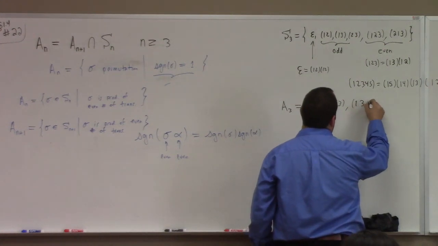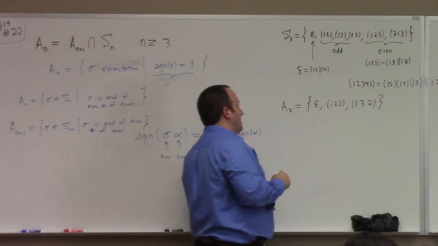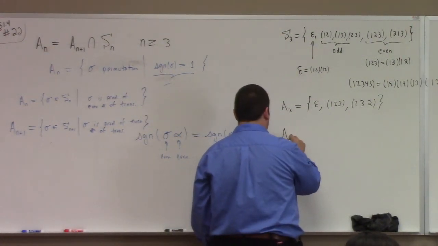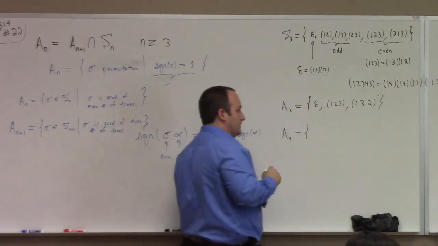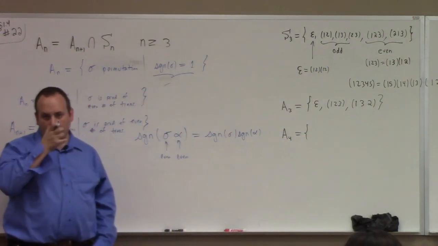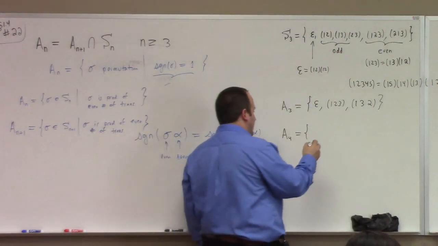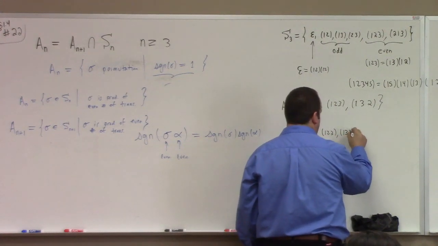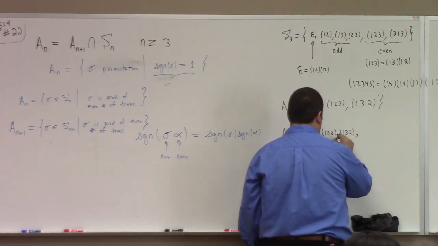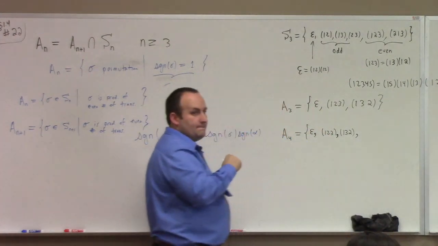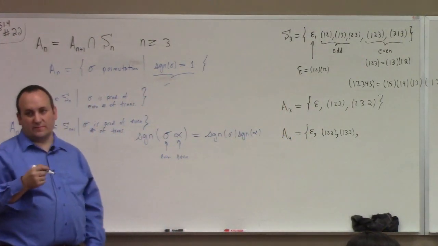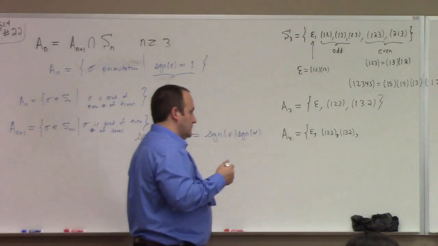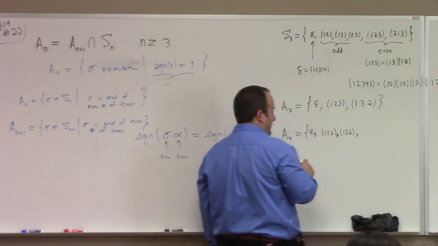I'm going to say (1 3 2). All right. What's A_4? No, A_4 has A_3 in it already, right? Because we interpret these as being permutations on 4 things by default. What's new? We have some new 3-cycles, right?